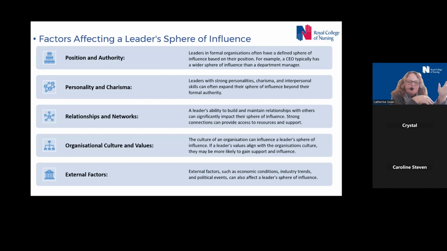Someone who's a manager might not necessarily be a good leader, and we've all been in situations like that. But they often have a defined sphere of influence based on their position. So people in authority have a role to play. For example, a CEO typically has a wider sphere of influence than a department manager.